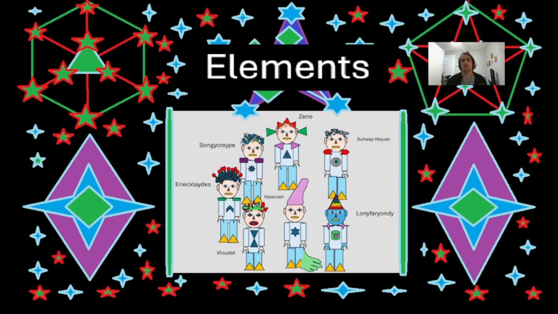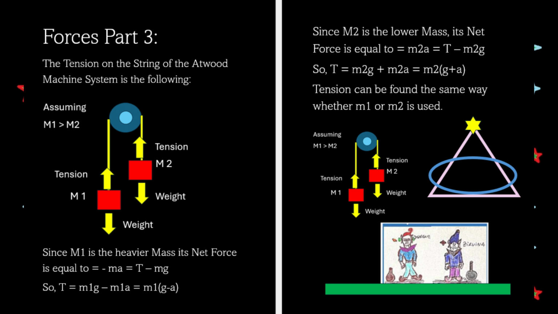So in the Atwood machine, we're ignoring the moment of inertia of the pulley, we're ignoring the mass of the string, we're ignoring friction. If we ignore all that and we run the simulation, we get the Atwood machine. The tension of the string of the Atwood machine is the following.